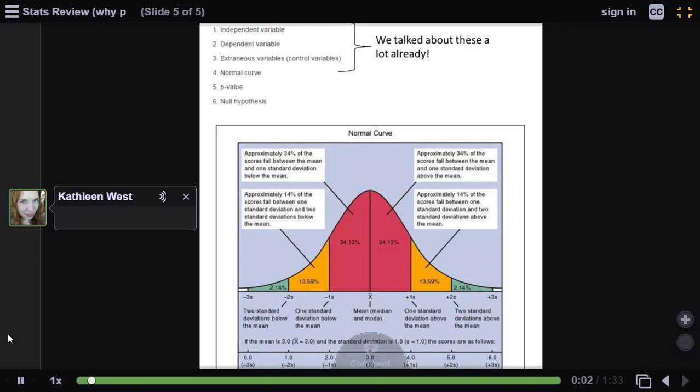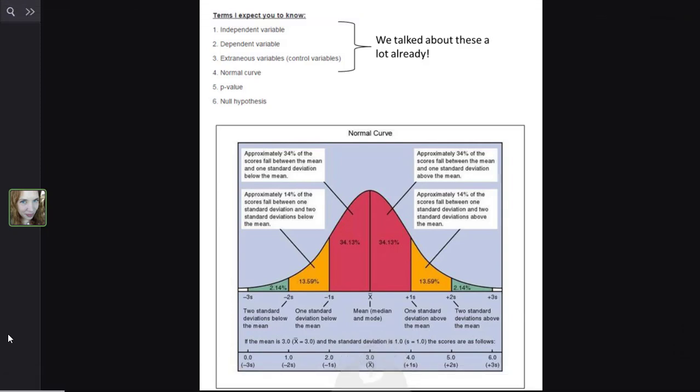All right, so the terms that I wanted you to know. You know independent variable now. You know dependent variable now. You know extraneous variable now. I don't really care if you can describe a normal curve, but just know that all that testing you're doing, you're using the principles of the normal curve. So when you have the computer run a t-test, when you have the computer run an ANOVA, when you have the computer run anything, the reason it can do that is because mathematically it's using the principles of a normal curve.